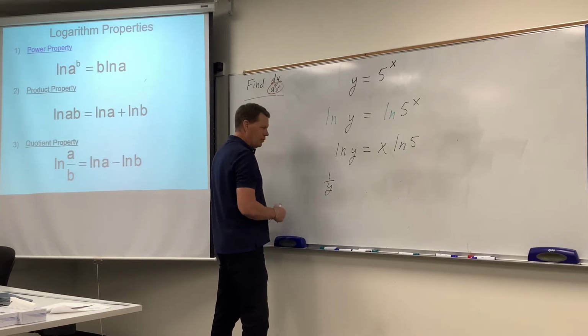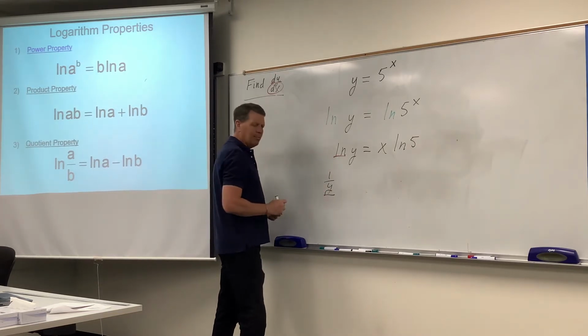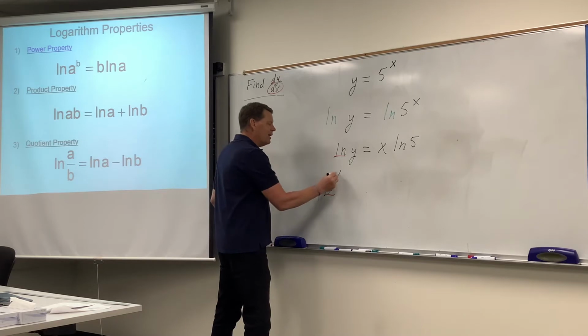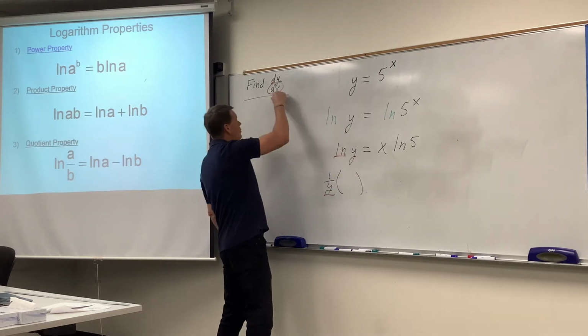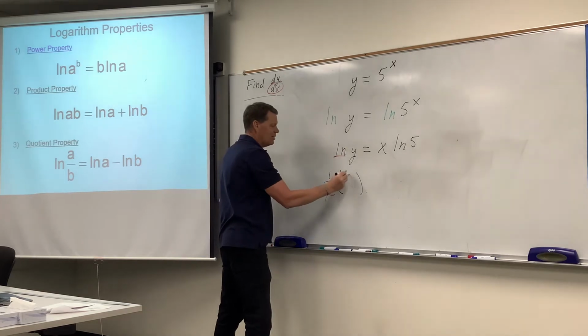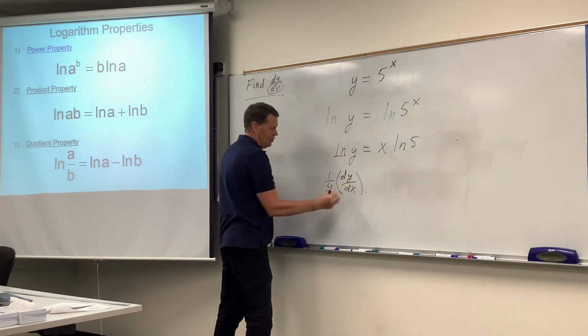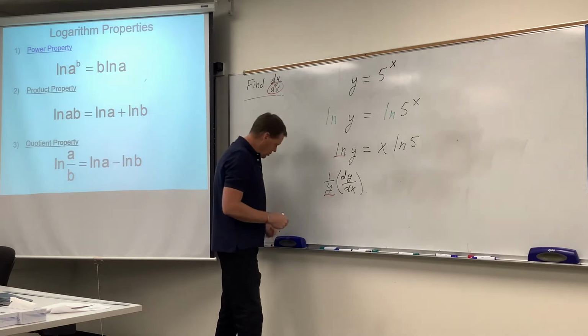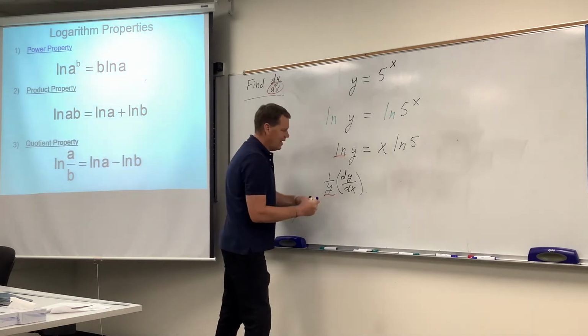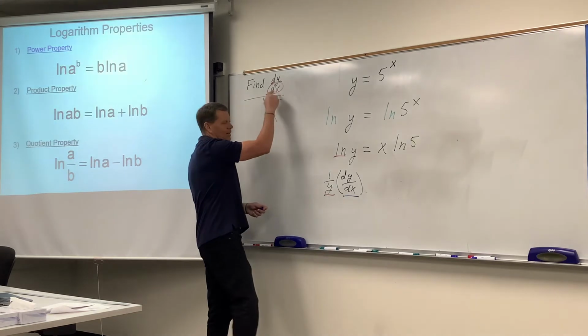That's the derivative rule for natural log of something. And then the derivative of what's inside. If you differentiate y with respect to x, that gives us the dy dx that we've seen. So this side becomes 1 over y dy dx, doing the chain rule, outside, inside, again with respect to x.